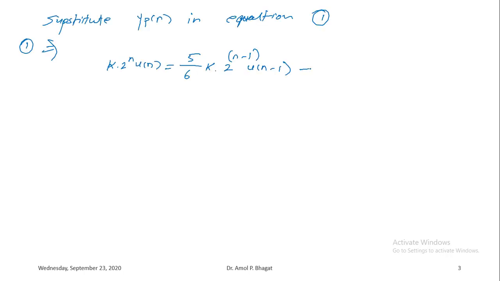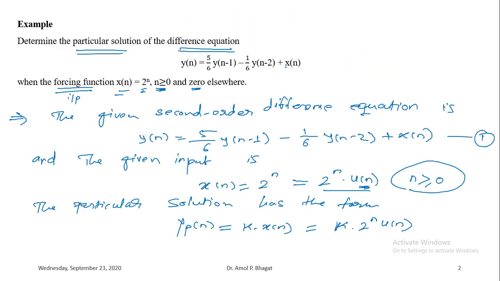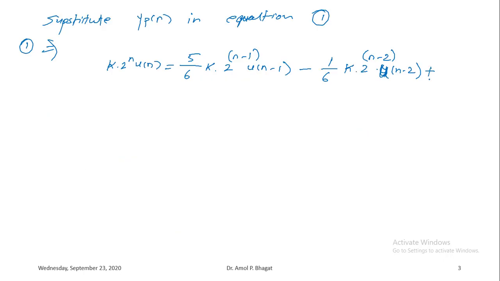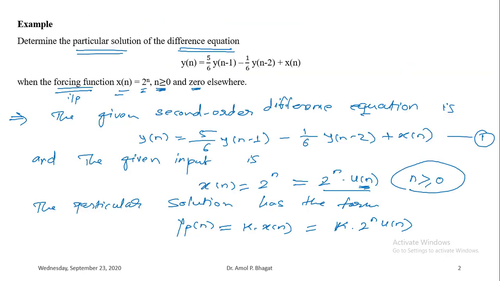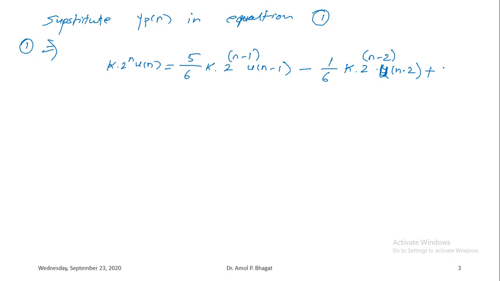Similarly, it will be minus 1 by 6 k into 2 raised to power n minus 2 u of n minus 2, because there is y of n minus 2. And there is plus x of n, so in place of x of n you will substitute 2 raised to power n u of n.